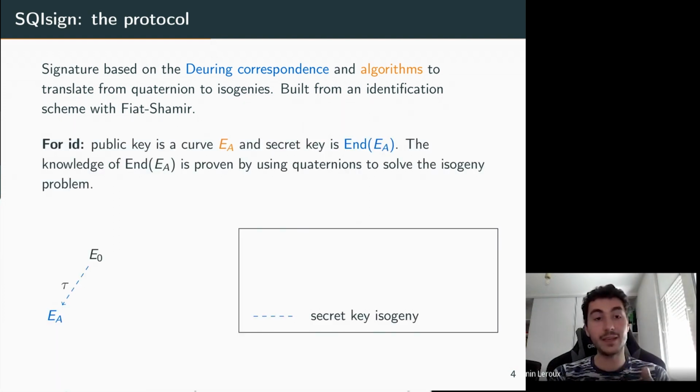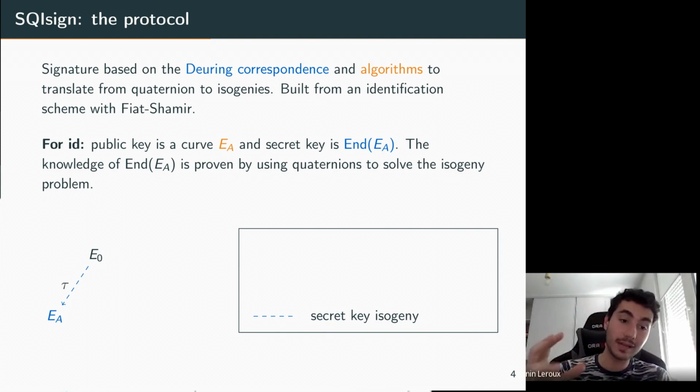The idea of the identification scheme is that the public key is going to be some curve, and the secret key is the position of this curve inside this graph. So this is the endomorphism ring of the curve. The idea is that we are going to build an instance of the isogeny problem that only the prover will be able to solve, because he's the only one who knows the secret key.